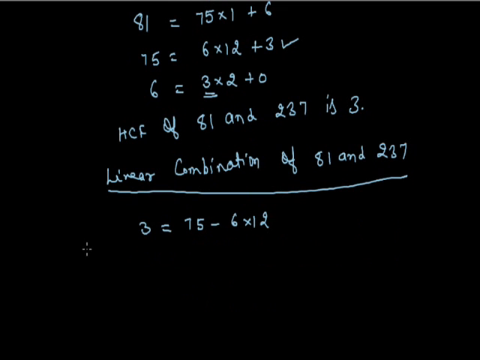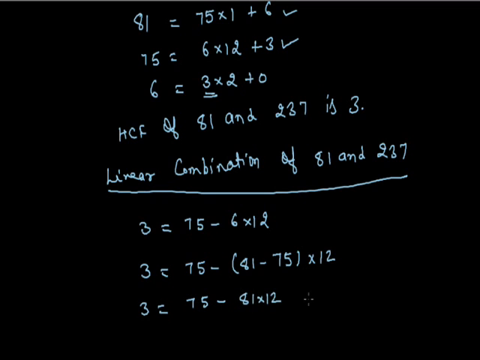Now 6 can be written as 81 minus 75. So by solving it, 75 minus 81 multiplied by 12 plus 75 multiplied by 12. So this is equal to 75 multiplied by 13 minus 81 multiplied by 12.